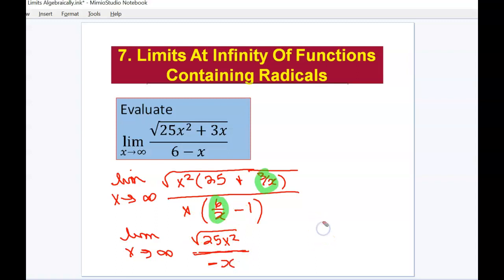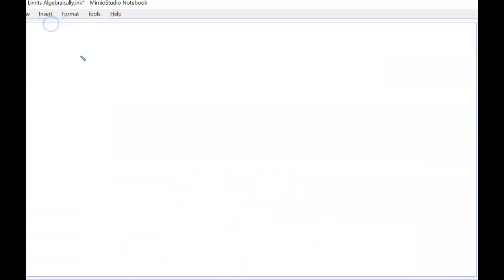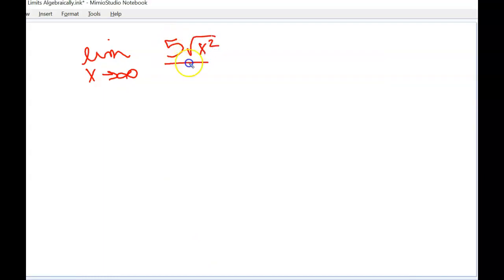Now, here's where we have to be careful. Okay? In the numerator, I could continue and say this is the limit as x approaches infinity. The square root of 25 is 5, and I'm just going to leave that as the root of x squared right now, and this is still over negative x. Now, some people will say, well, the square root of x squared is simply x, but that is not necessarily the case.